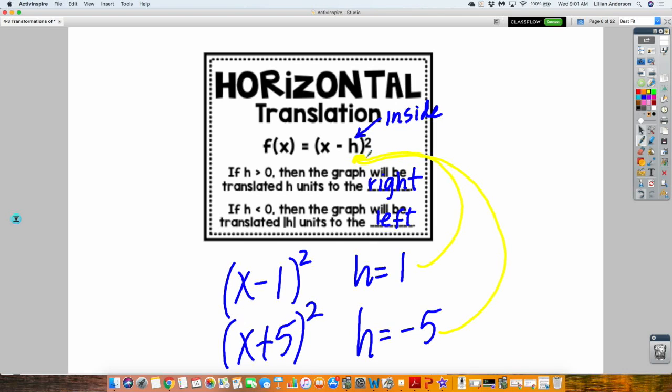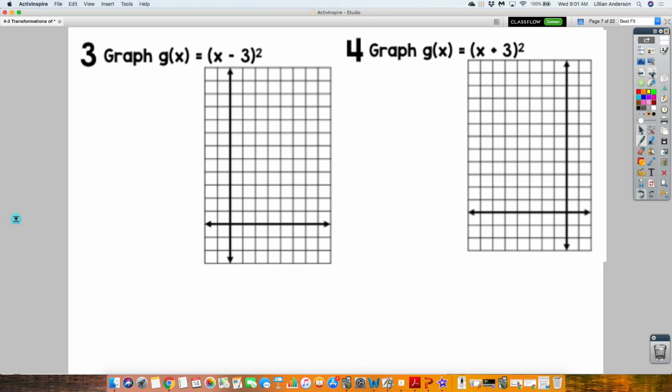Let's look at this. Look at number 3. It's on the inside of the parentheses, which means it's a horizontal translation. Is that to the left or to the right? It's to the right. How many units? 3. Because remember, the formula is x minus h squared. So what value did I plug in for h to make it an x minus 3? It had to be a positive 3, which means it moves to the right.